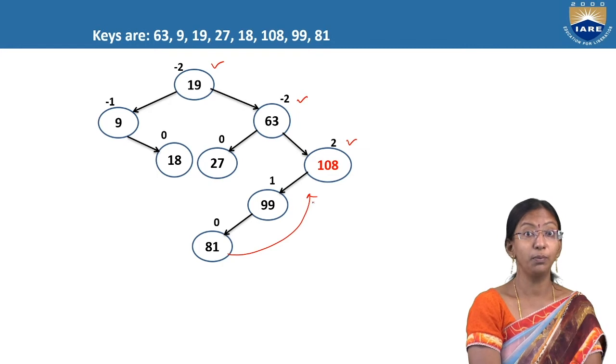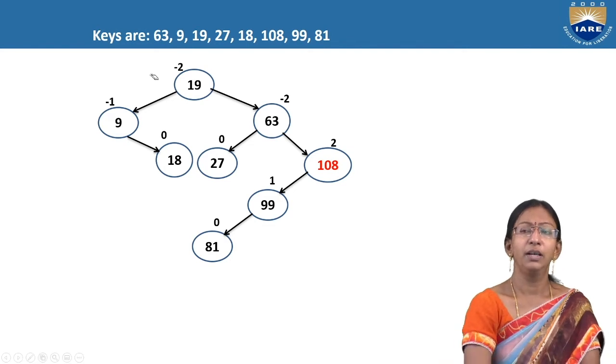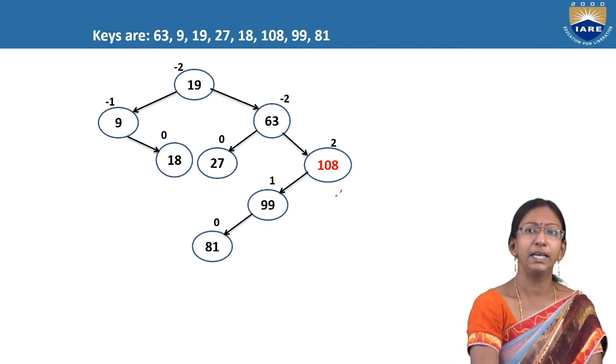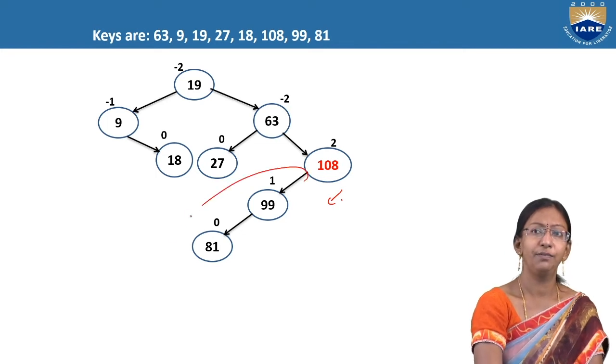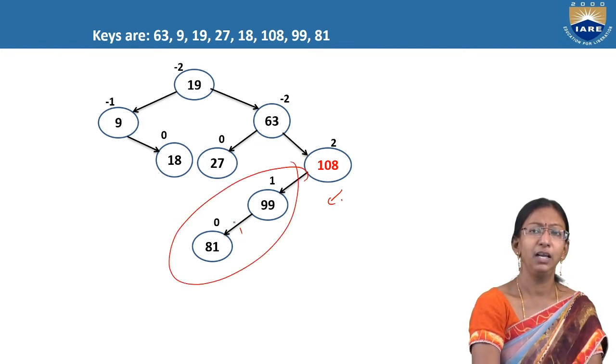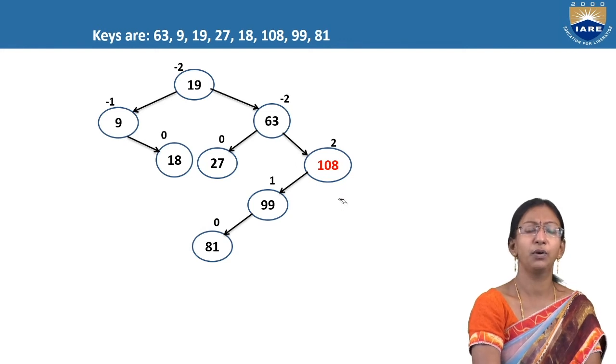So you solve the problem of 108, you solve the problem of the family. Okay, right. So now in view of 108, where is 81? In its left subtree as a left node. Am I right? Because of 81, the left side is heavy for 108.